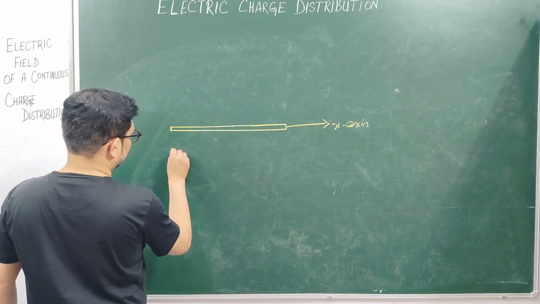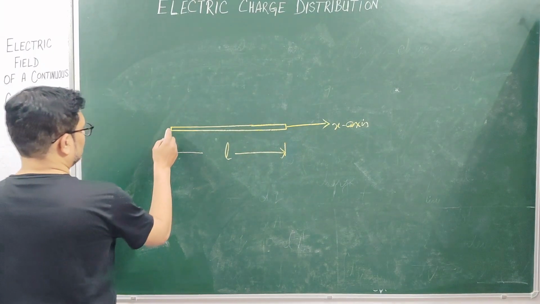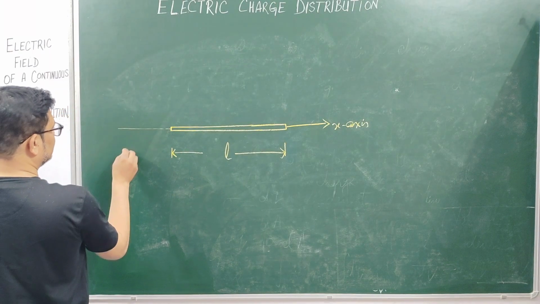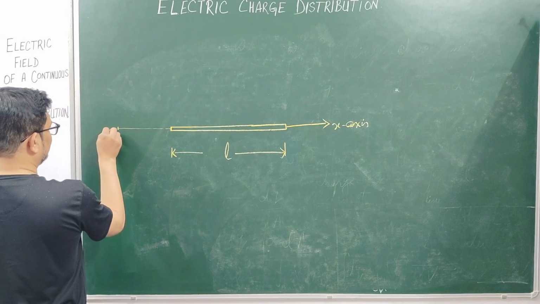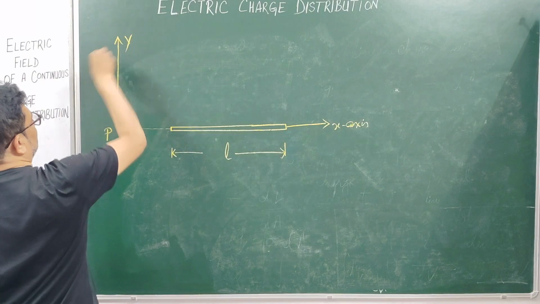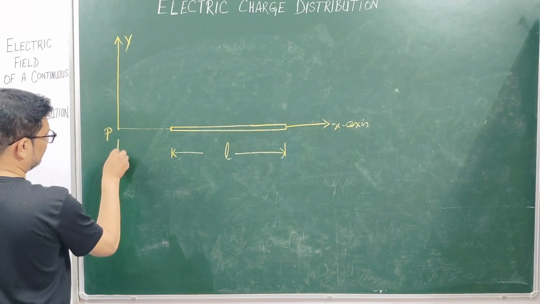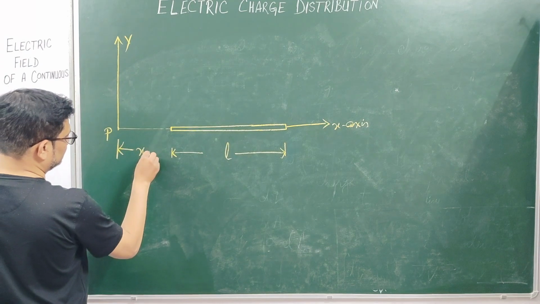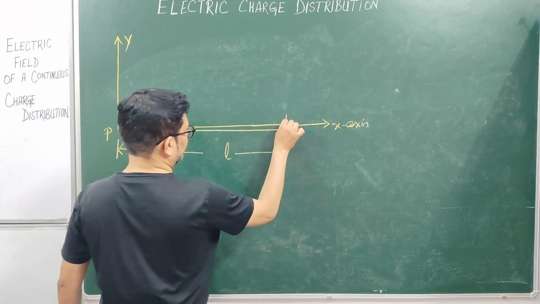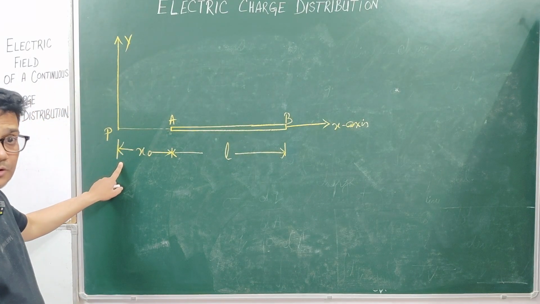The length of the rod is L. We are placing this in such a way that we are interested to find the net electric field at point P. Suppose this is the origin. AB is that rod, and this end A is placed at a distance x0 from P.